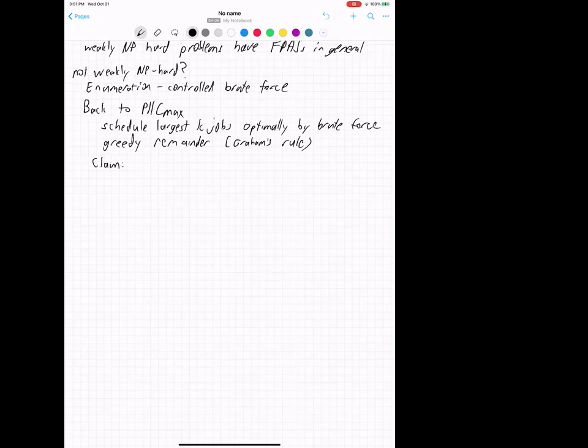If we think about our analysis of Graham's rule, how do we analyze the way that our algorithm diverged from optimum? Well, we said when we add a job, we're adding it to the least loaded machine.